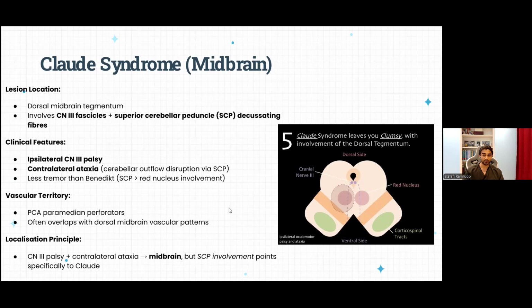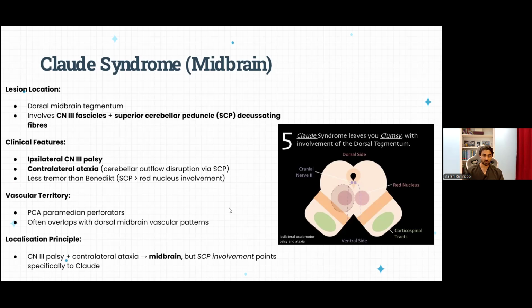Because the superior cerebellar peduncle fibers are involved, the presentation resembles a cerebellar output lesion rather than a red nucleus lesion. So ataxia is prominent, but a tremor is typically less pronounced than in Benedict syndrome, where the red nucleus involvement drives that sort of rubral tremor.